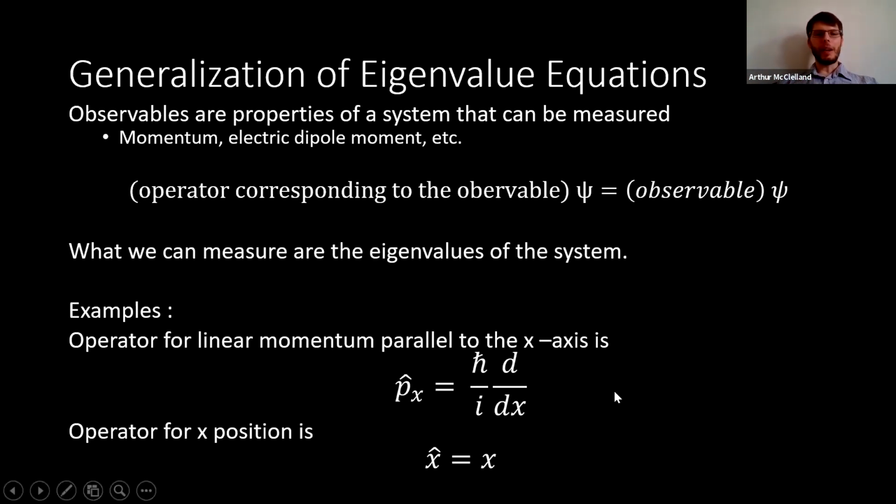So if we think about a couple examples, let's look at the operator for linear momentum just in one dimension, so along the x-axis. The operator p_x for linear momentum is h bar over i d/dx. The operator for the x position is simple, it's just x.